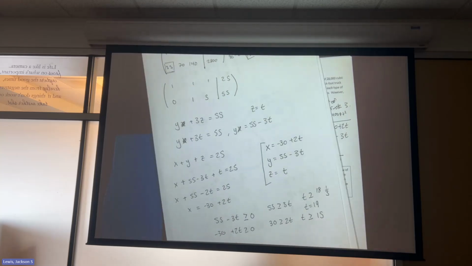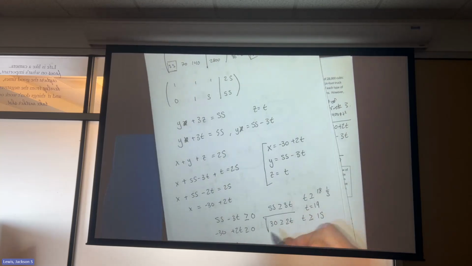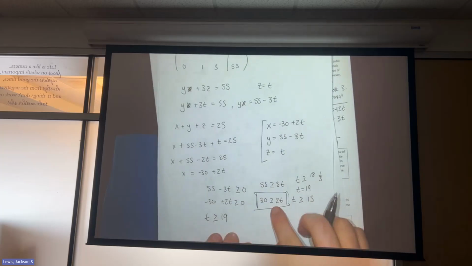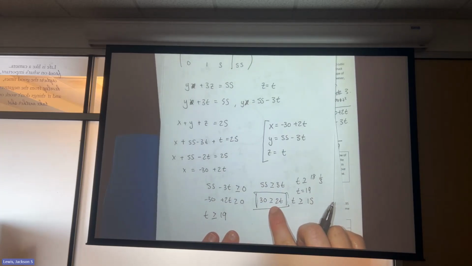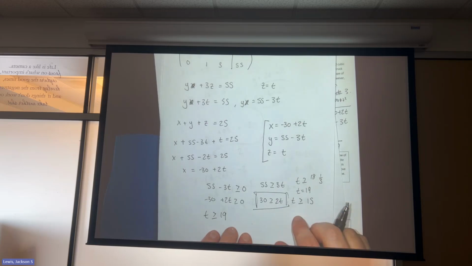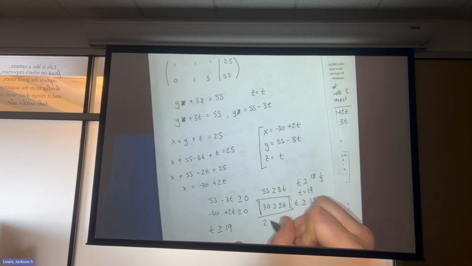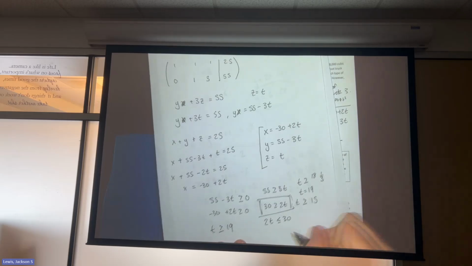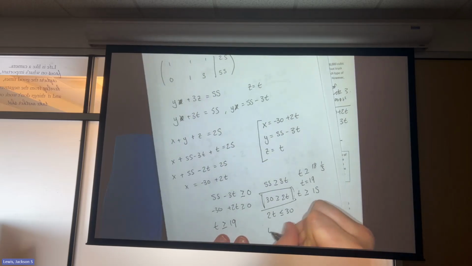Oh, this is not correct. I wrote this incorrectly. Why did I write this incorrectly? I have to flip the sign because I divided by a negative and didn't account for it. So 2t actually has to be less than or equal to 30. So t is in between.